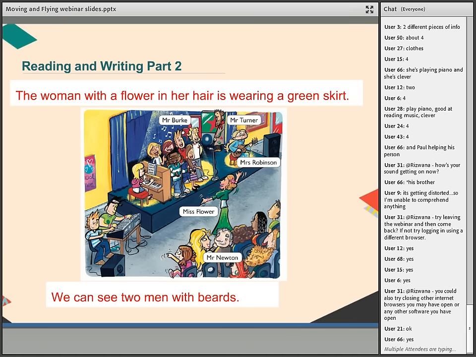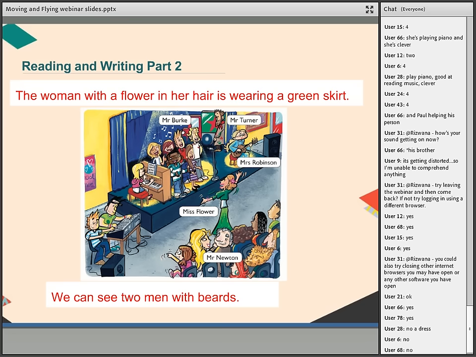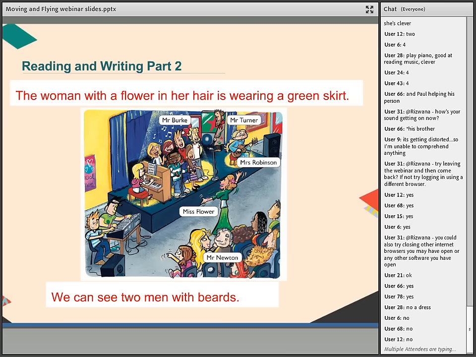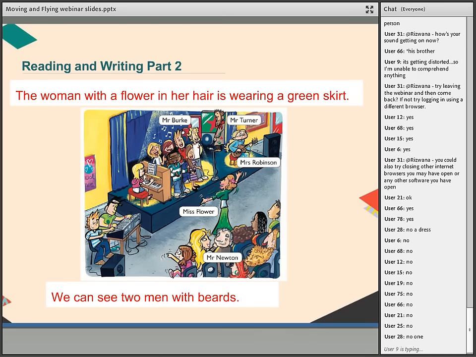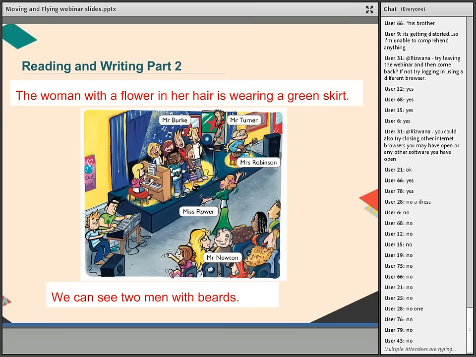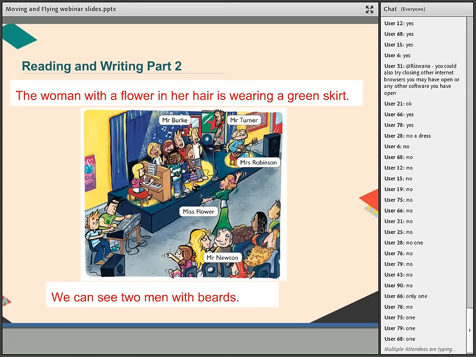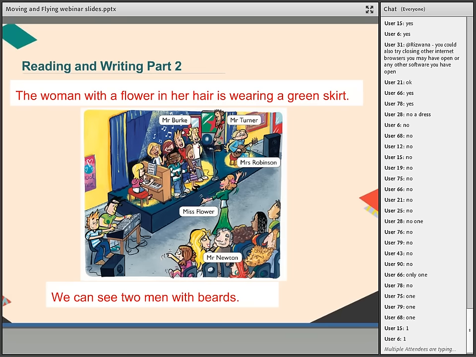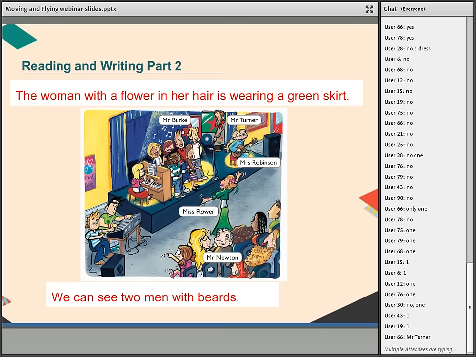What about this sentence? We can see two men with beards. And this is a no sentence because how many men in the picture can we see with beards? Yeah, there's only one, Mr. Turner, at the back of the picture.